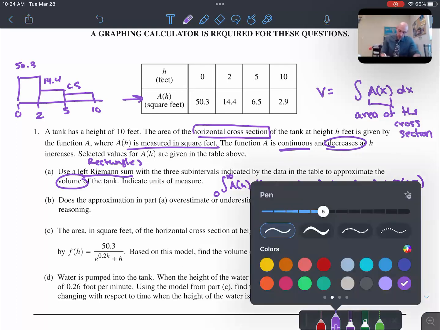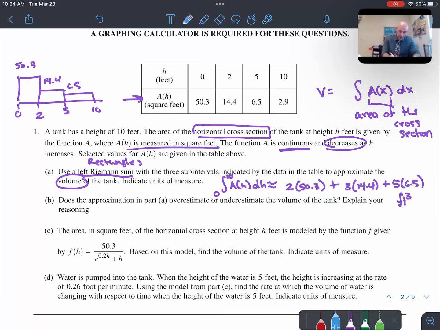Now, part B on this is, does it give us an overestimate or an underestimate? Well, that's why we circled the decreases in the beginning, because if this function is decreasing, we can see from the graph that I drew that this is going to be an overestimate.